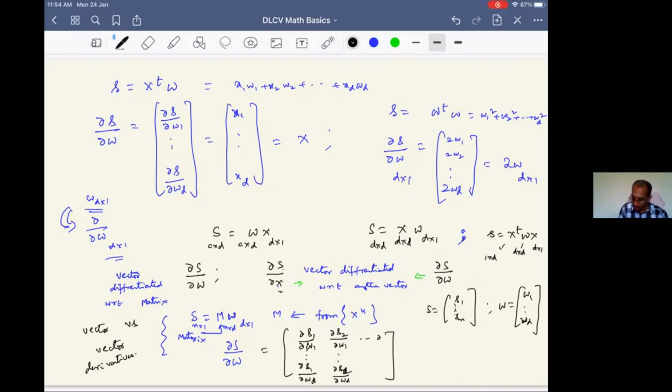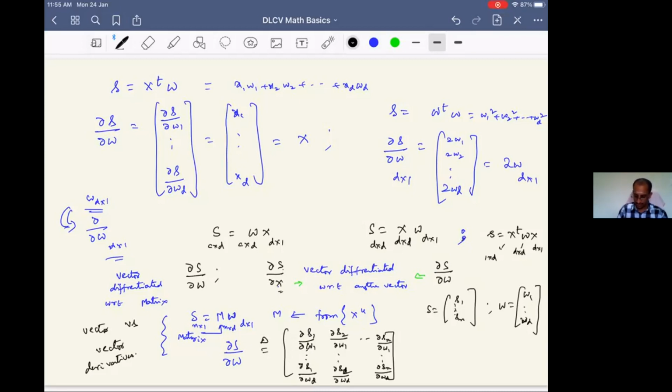We do the same for all components of S, dou Sn by dou W1 to dou Sn by dou WD. This is how we define the derivative of a vector with respect to another vector. Is this clear? Yes, sir.